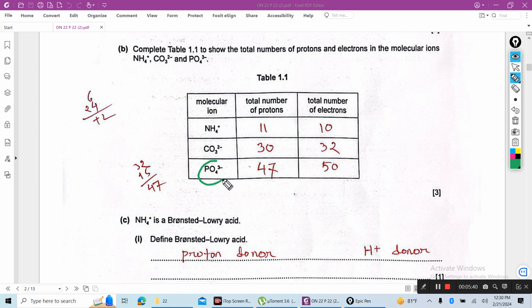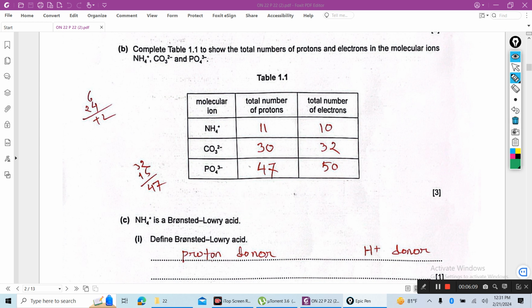Then phosphate ion: phosphorus 15, oxygen 8 times 4, 32. So 15 plus 32, total number of protons will be 47.